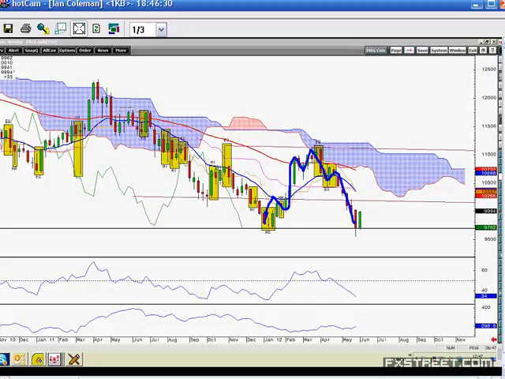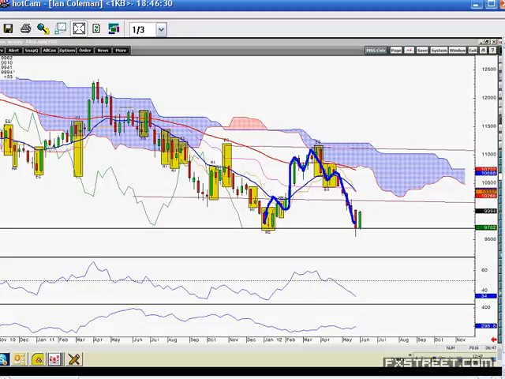Price action: 1, 2, 3, 4, 5. So it's screaming out that we should be moving higher. Not a great daily reversal candle off the bottom.